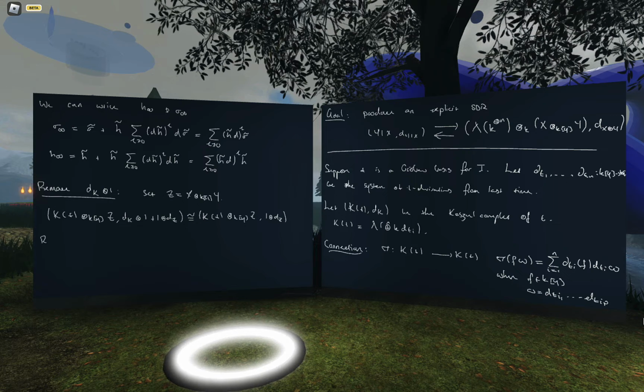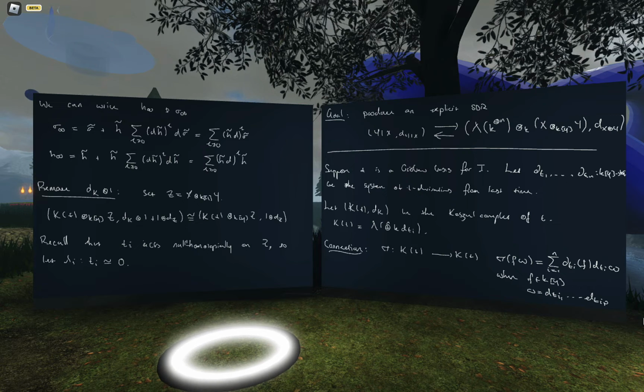So recall from a previous talk that Ti acts null homotopically on Z. Okay, so let lambda I be such a homotopy.